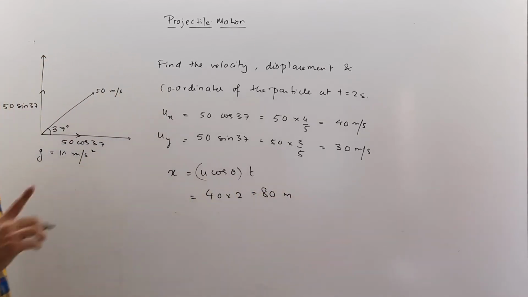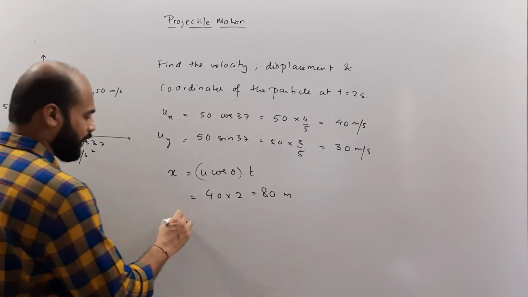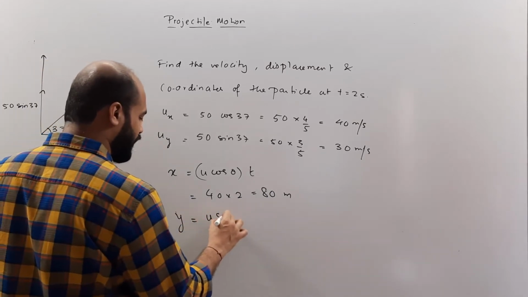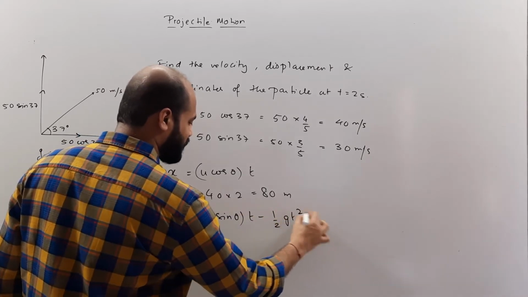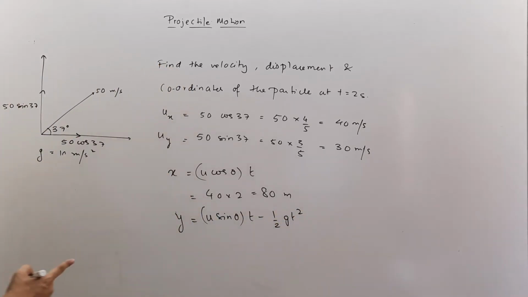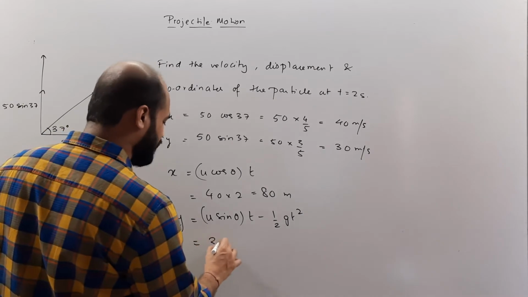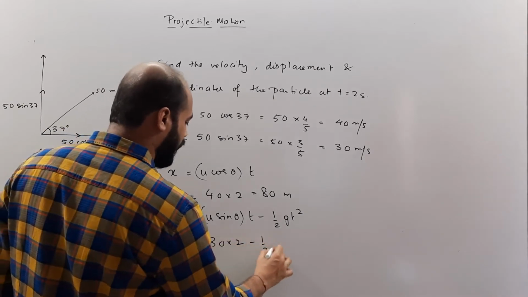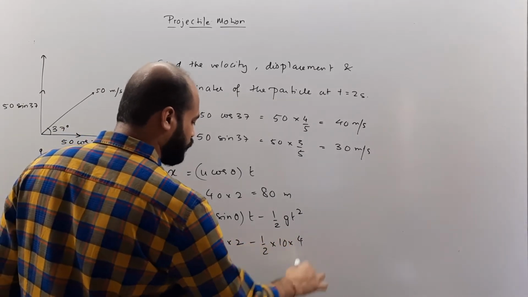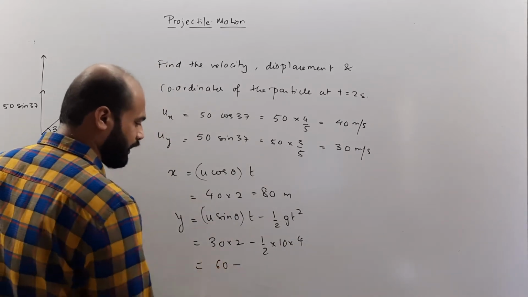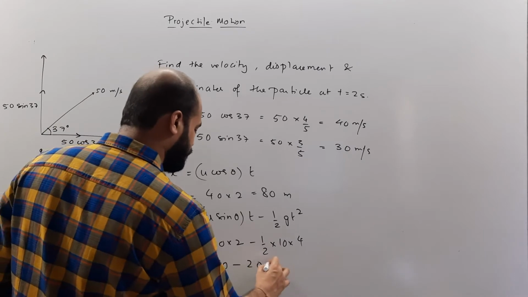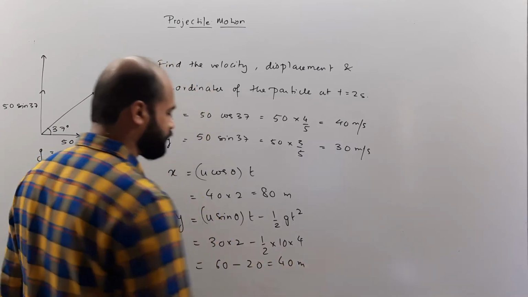So this is the displacement in x, and as far as y is concerned, its displacement is going to be u sin theta into t minus half gt square. So going by this rule, we can write u sin theta, which is 30 into 2 minus half into 10 into 4, which is going to come out as 60 minus 20, which is 40 meters.